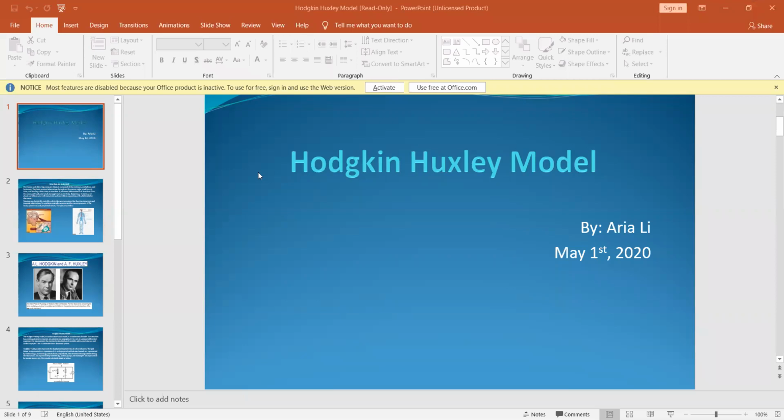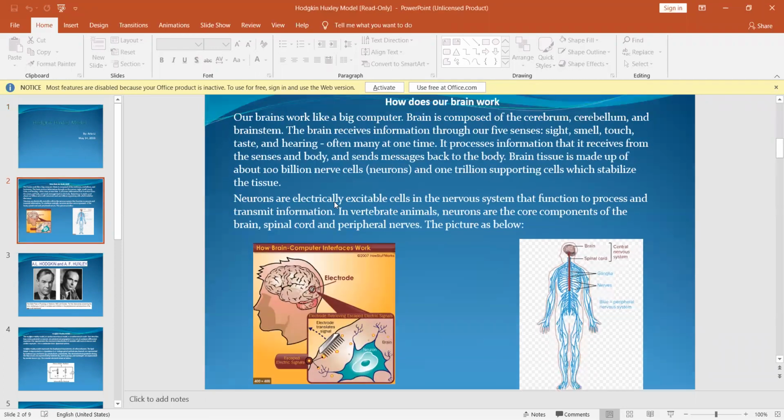Hi everyone. Today I will talk about the Hodgkin-Huxley model. Can you see that? We see everything. So in the first part, I will introduce how our brain works. Our brain works like a big computer. The brain is composed of the cerebrum, the cerebellum and the brainstem.